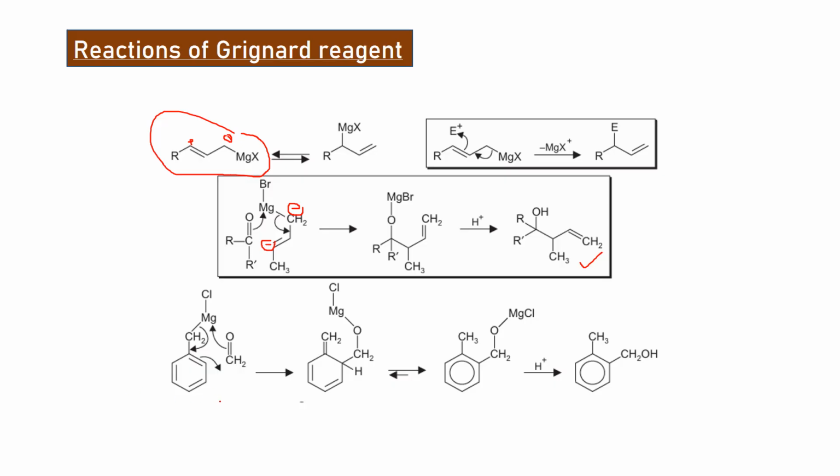A similar case happens in the case of benzyl magnesium bromide, where it attacks through its allylic position, that is the ortho position, instead of the simple aliphatic carbon, because of the cyclic transition state, which attains stability, giving us this ortho product instead of a product from the CH2 position.